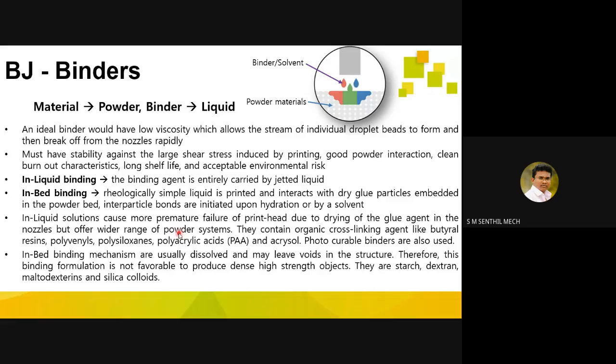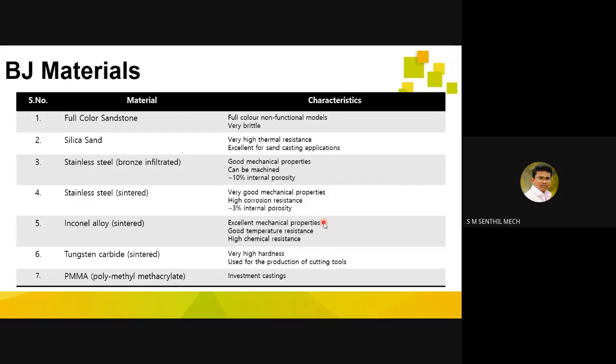If you go for in-liquid solutions, they have good drying, but they have premature failure because of preheat and drying of the glue agent in the nozzle itself. Due to the heat, the glue will block the nozzle tubes. Sometimes you can also use photocurable binders as well. So this is about the binder jetting processes, and these are the binders and binding materials used for binder jetting applications.